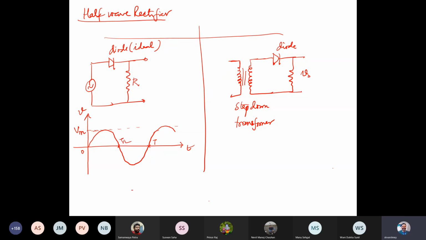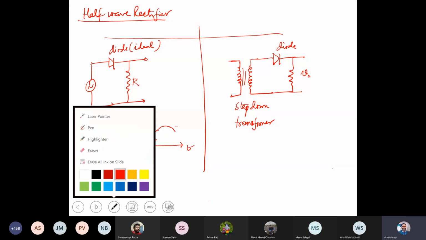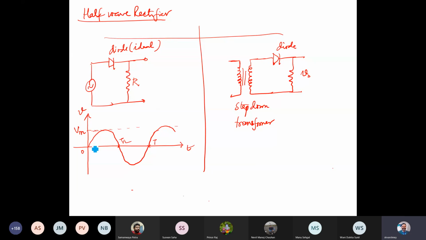Because as soon as you apply the voltage, whether it's 0.1, 0.2, 0.3, 0.4, 1, 2, 3, it reaches Vm. So the output would be the same, since you are measuring across the resistor.